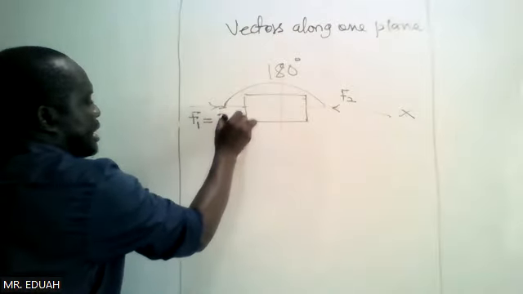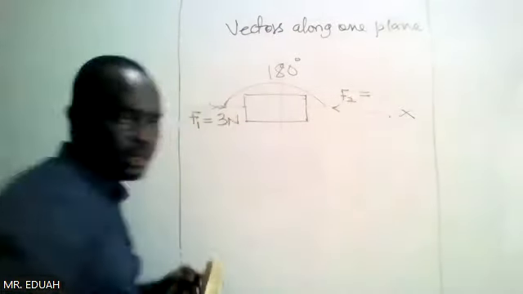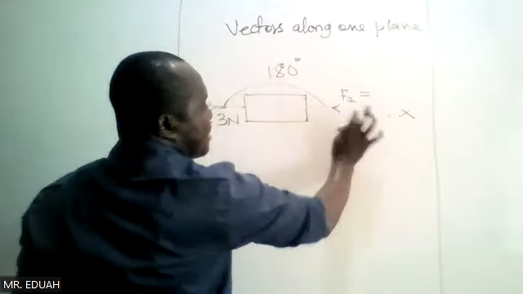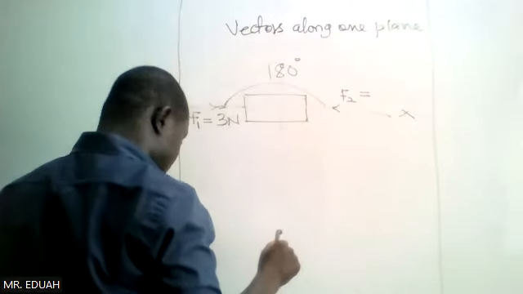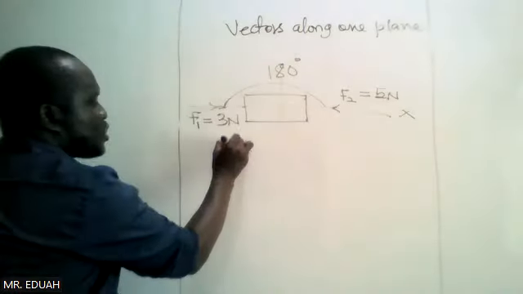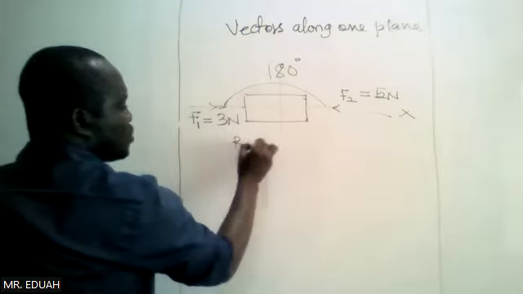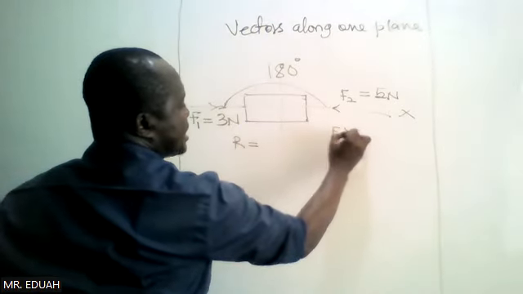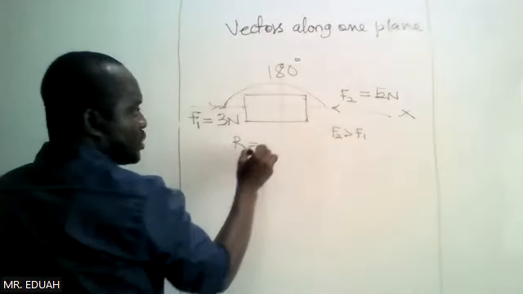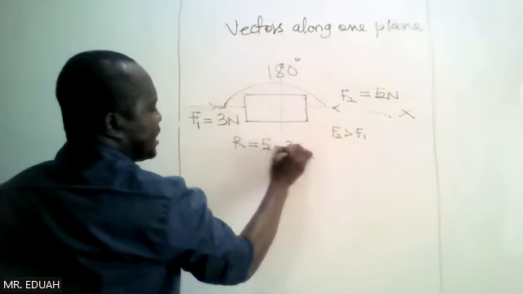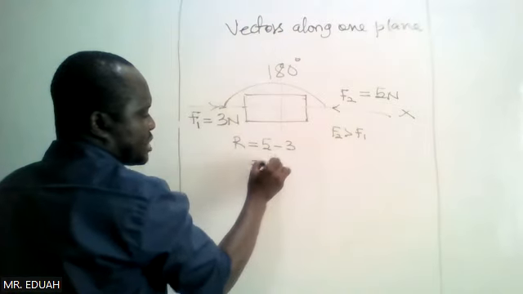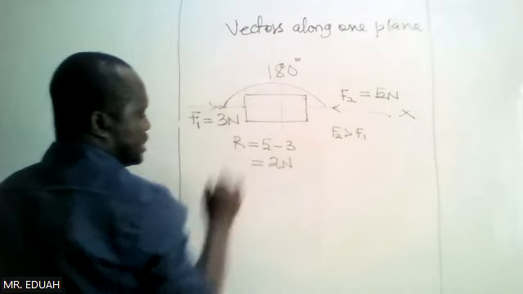And F2, Yaba, F2 is equal to 5 newtons. Then the resultant will be equal to, here F2 is greater than F1, so we subtract F1 from F2. So this is 5 minus 3 newtons. And the resultant, or the net, is the difference between the forces, equal to 2 newtons.